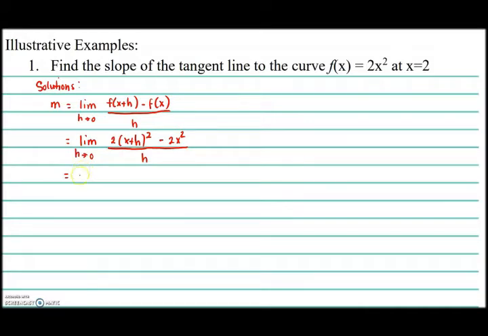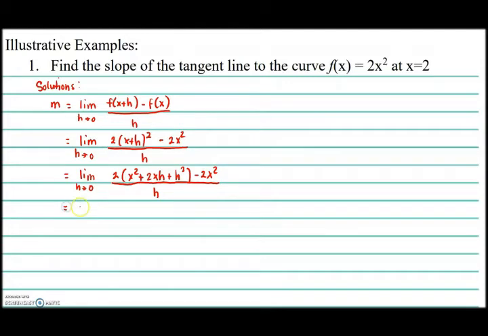Okay, so expanding our binomial, we have 2 times x squared plus 2xh plus h squared minus 2x squared all over h as h approaches 0.